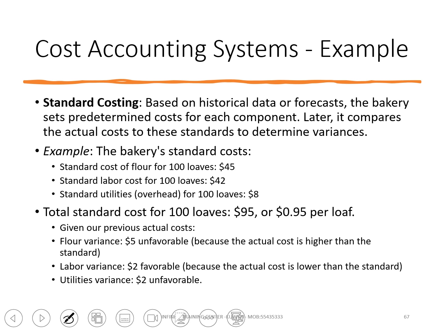So we know that to make 100 loaves of this bread, I need flour worth $45, labor has to be $42, and standard utility is going to be $8. These are the standards. So you take 45 plus 42 plus 8, that is going to be $95 to make 100 loaves. That means it is going to be $0.95 per unit.